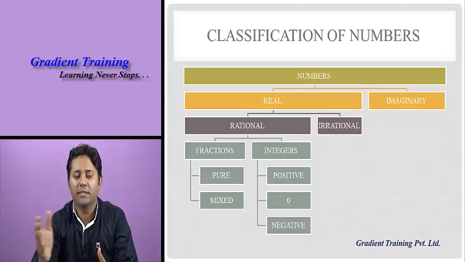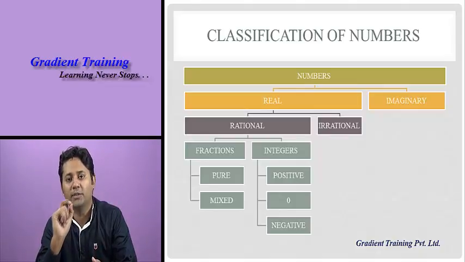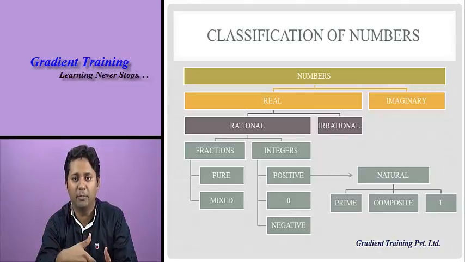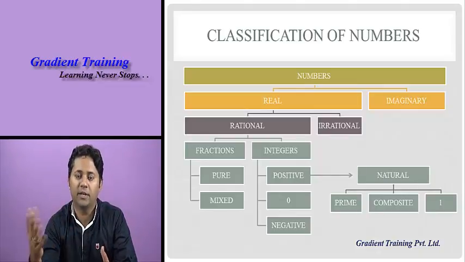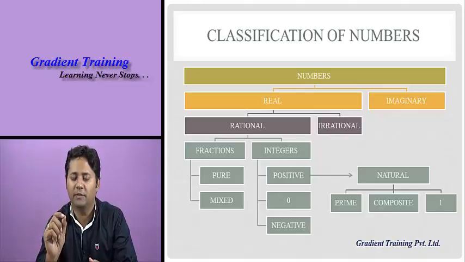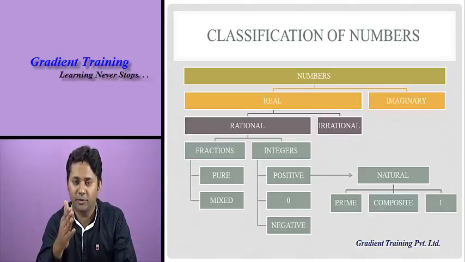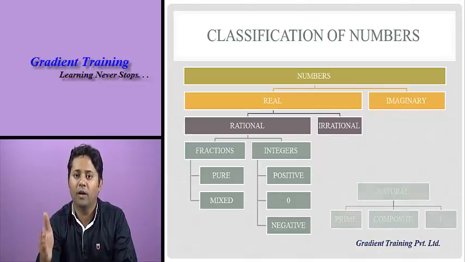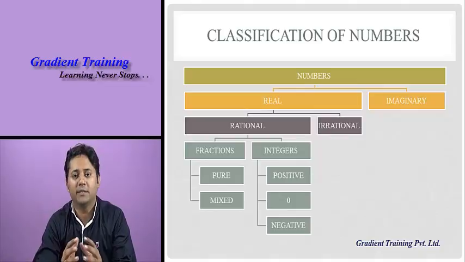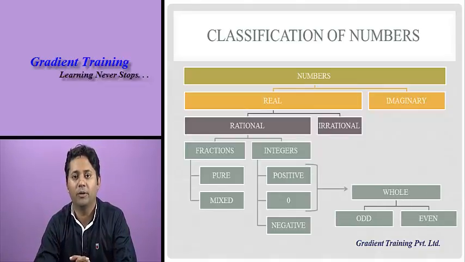So let's talk about classifying all positive numbers. Positive numbers together, that is numbers starting from 1 to +infinity, are termed as natural numbers. All non-negative numbers beginning from 0, that is 0, 1, 2, 3 up to plus infinity, this entire set collectively is called whole numbers.